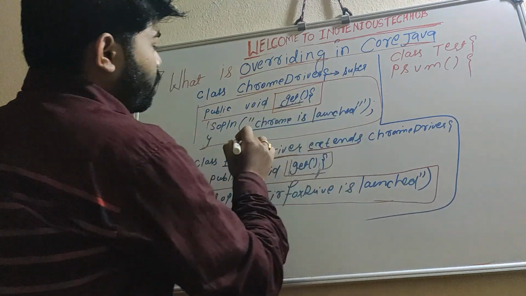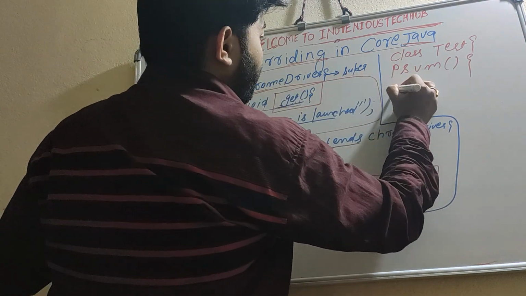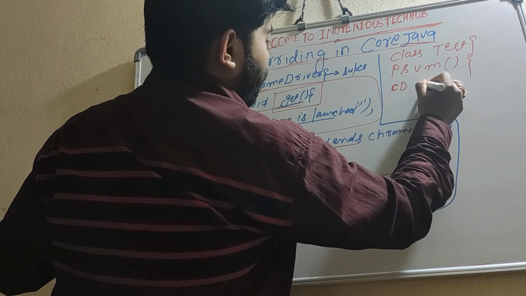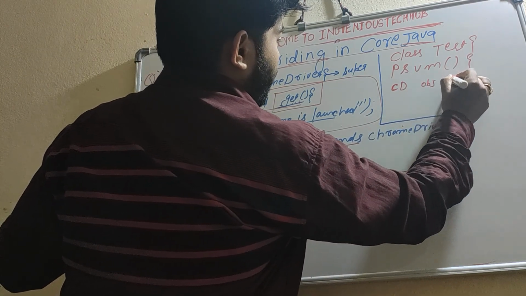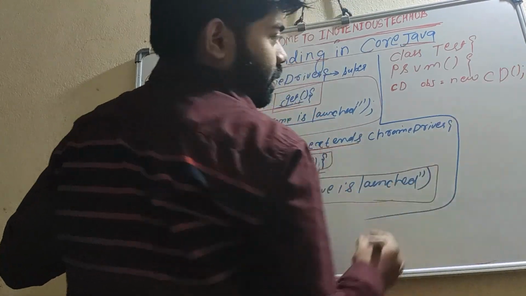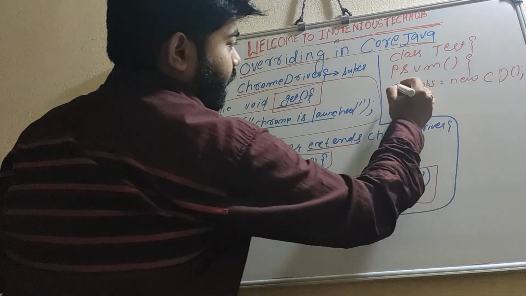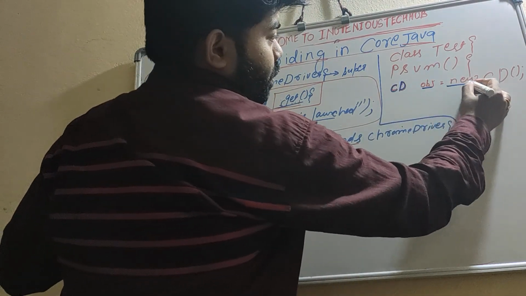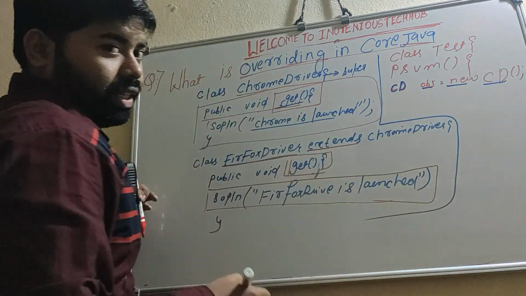Now I'm going to show how to execute the overriding concept. First I'm going to create a ChromeDriver object: ChromeDriver obj equal to new ChromeDriver. So I have created the object of ChromeDriver.